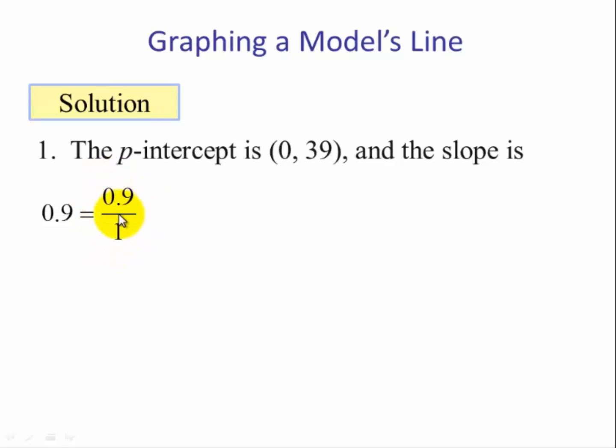Now this would be hard to graph on graph paper, so we can multiply 0.9 over 1 by 10 over 10, because 10 over 10 is the same thing as 1. If you multiply by 1, you're not changing the number. That gives us a rise of 9 and a run of 10.